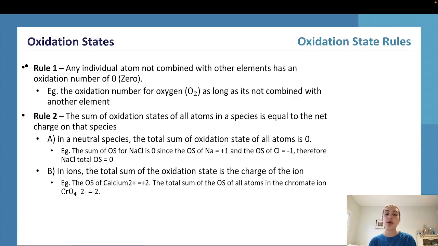For example, the sodium is going to be +1 and the chlorine is going to have an oxidation state of -1, and -1 + 1 gives 0. Hence the total oxidation state for the entire molecule is 0.